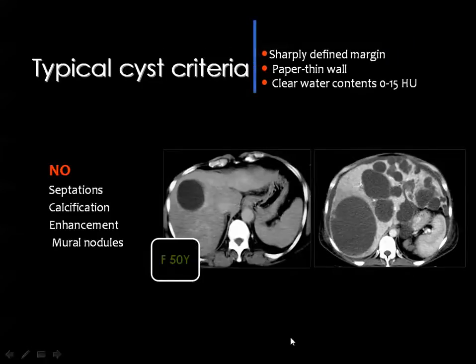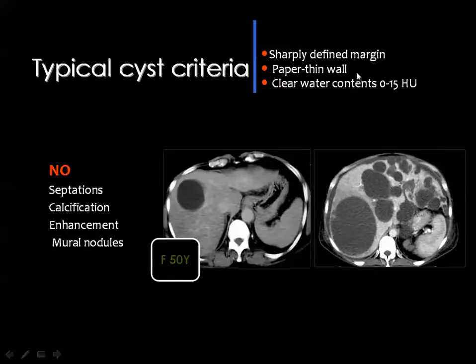Actually, for the diagnosis of a simple cyst anywhere in the body, in the liver, in the kidney, in the brain, in the muscle, in the ovary, there should be 7 criteria: 3 positive and 4 negative criteria.